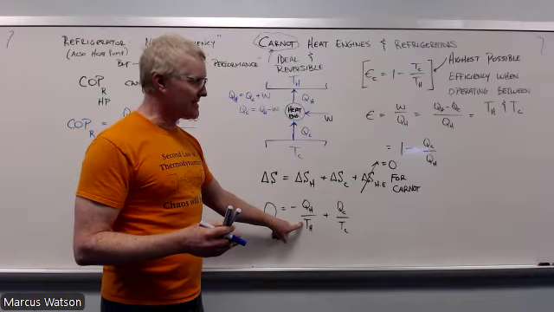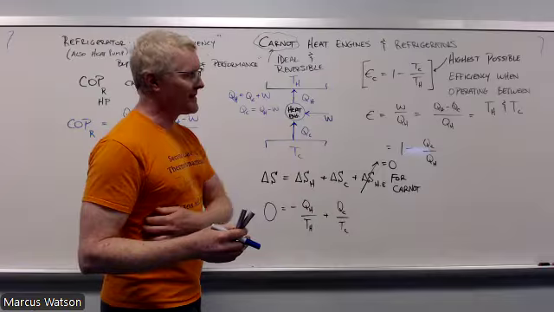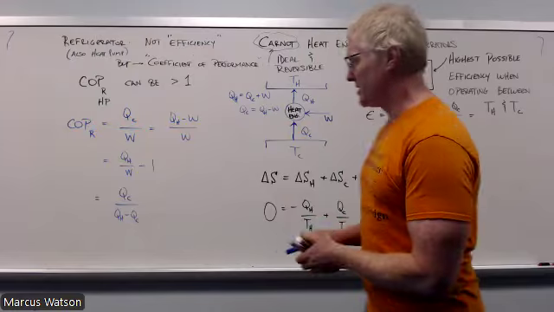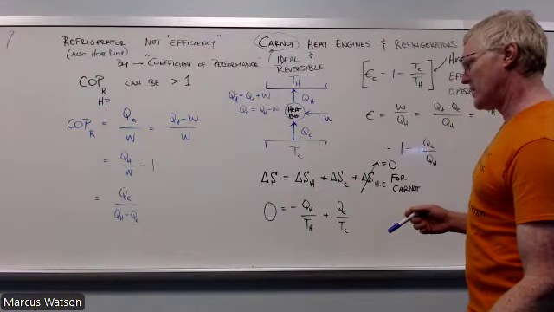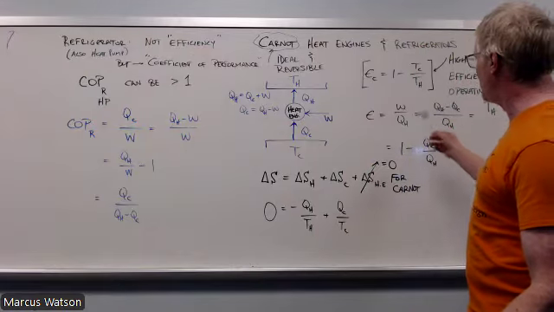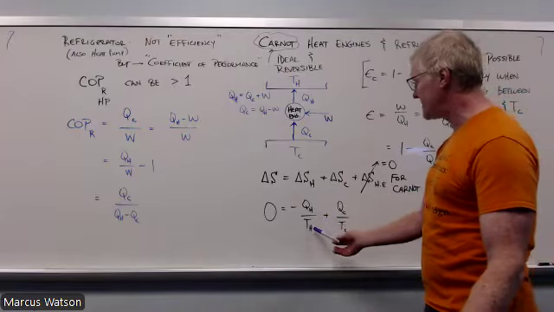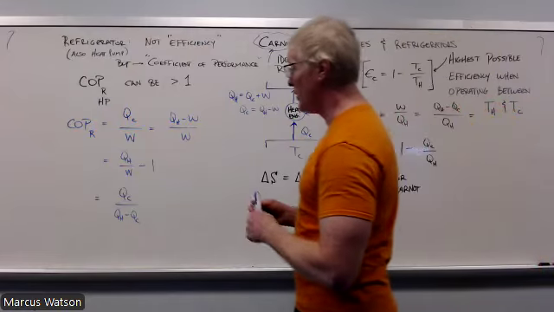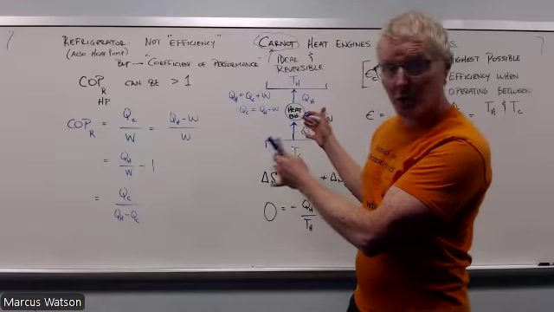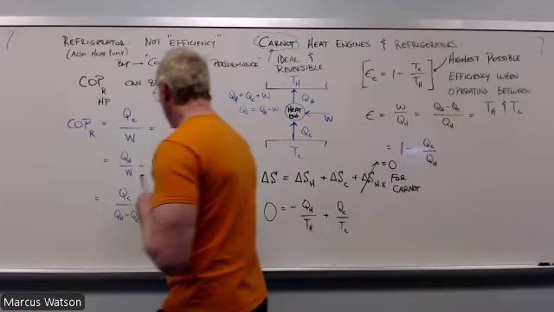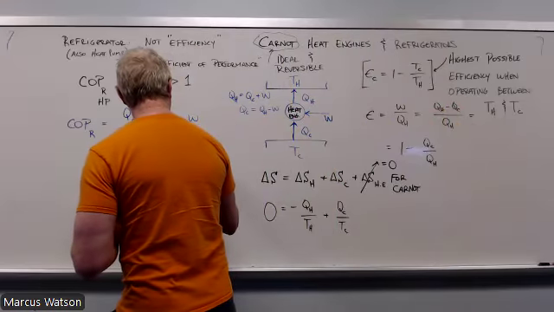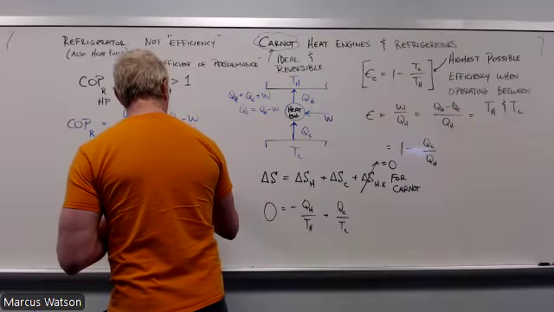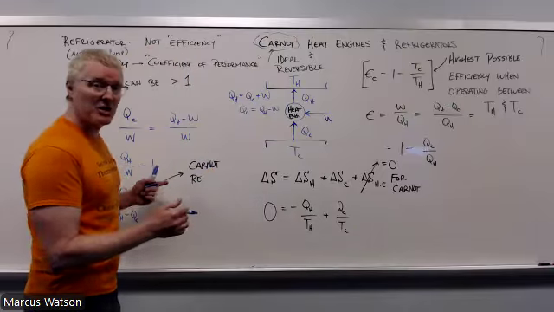That means that anytime I have, and this is a little bit more shady in some way, but anytime I have a QC or a QH, I can basically replace it with a TC or a TH. So for a Carnot, if I want a Carnot refrigerator, I can make this into a Carnot refrigerator by basically replacing the Q's with T's.